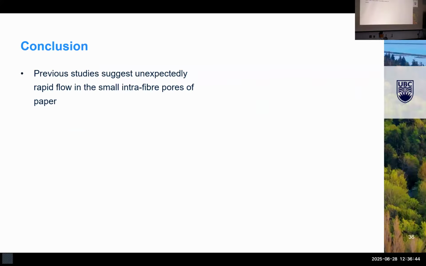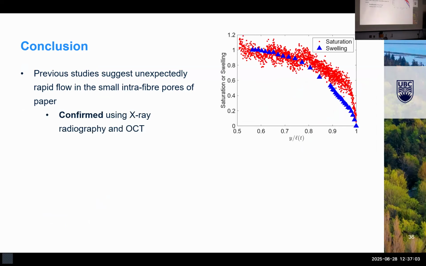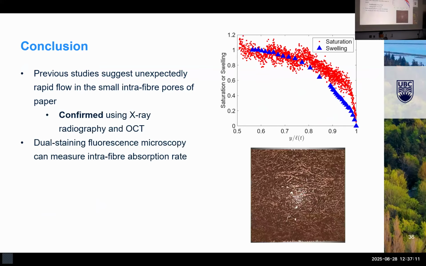It's a bit of a tough argument to follow, but essentially, the summary is that we've found with our previous measurements that the liquid inside the fiber walls is traveling much faster than we would expect, suggesting some sort of speed boost happening. We confirmed that it is indeed traveling quite quickly there using X-ray radiography and optical coherence tomography.